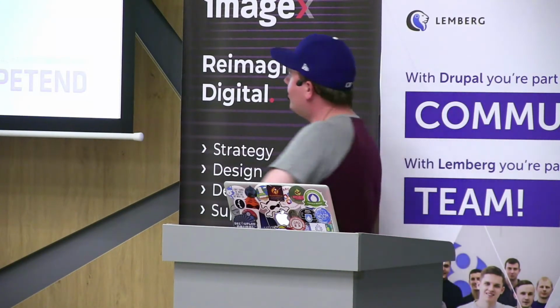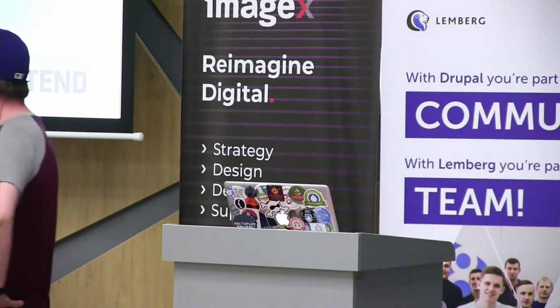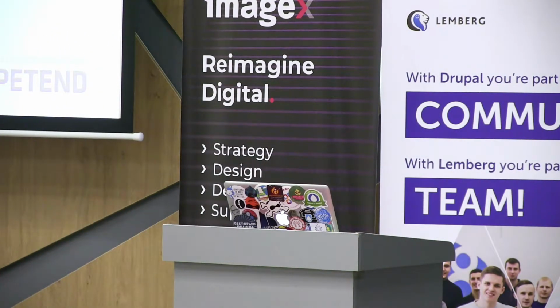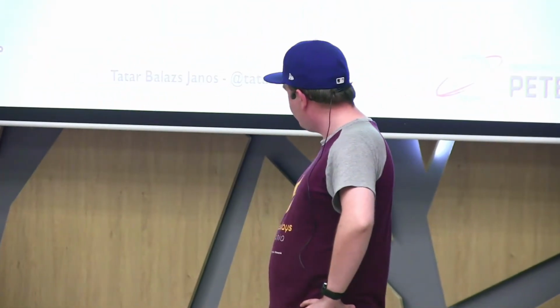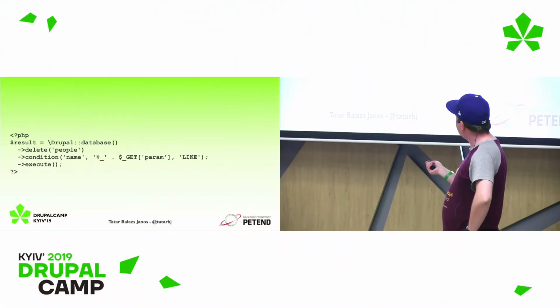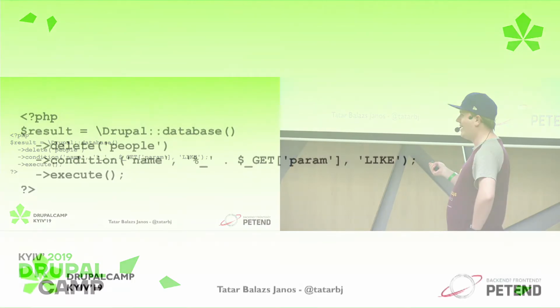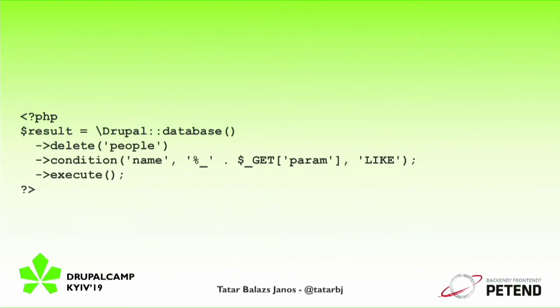Here comes a Drupal 8 beautiful example. We use the database over there. We ask the table called people to delete all names that are like this. Okay, what's the problem with it? It is, of course, red. What's the problem with that?